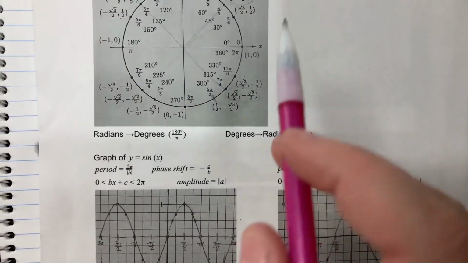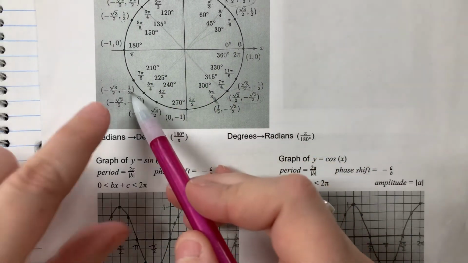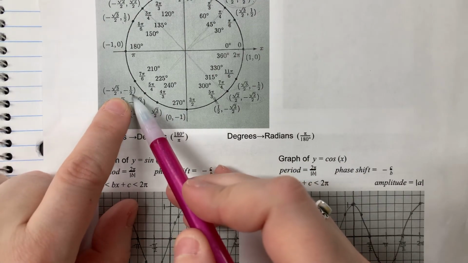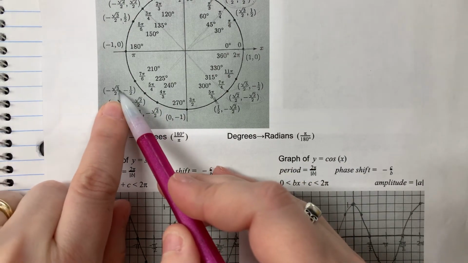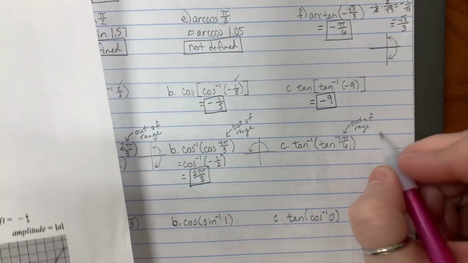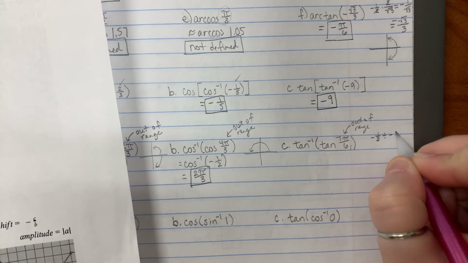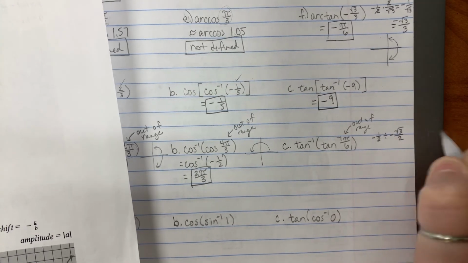So tangent of 7 pi over 6. Let's find 7 pi over 6 first. It's right here. And I'm going to do tangent. So that means I'm going to do negative 1/2 divided by negative square root of 3 over 2.